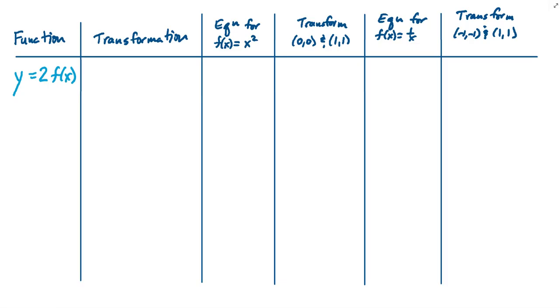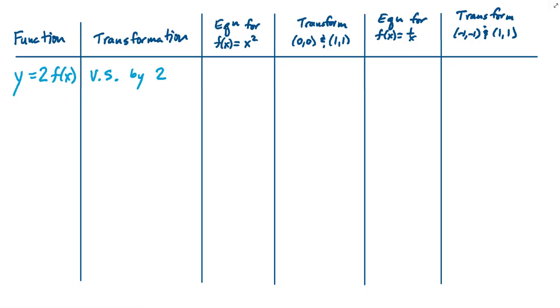Well, we have the original function, whether that original function is x squared, or the reciprocal function, or some other function altogether. Doesn't matter. What's happening is the output of the function, the y value, is being multiplied by 2. So we're going to get a vertical stretch by a factor of 2. All the y coordinates on our parent function are being multiplied by 2.